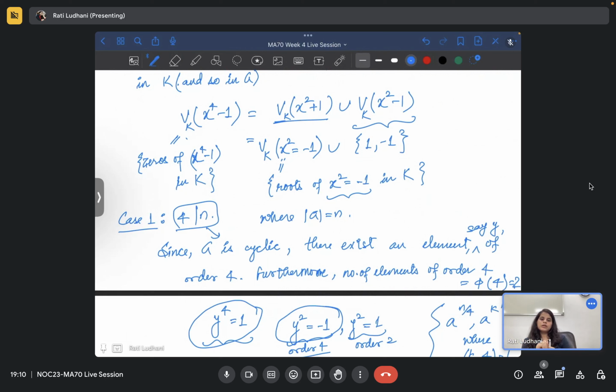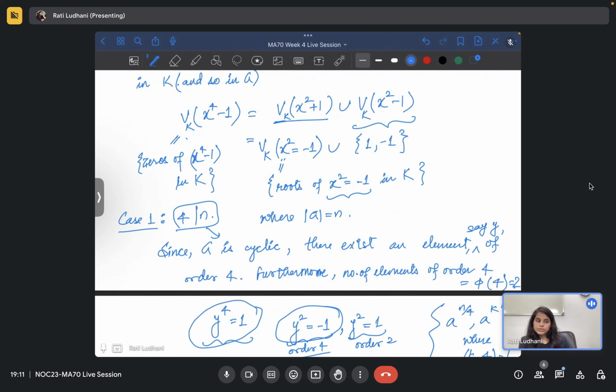then if G is a finite cyclic group of order n, then for every divisor d of n there will exist some element of order d, and exactly it will have phi of d elements in the group itself. So, set of generators.